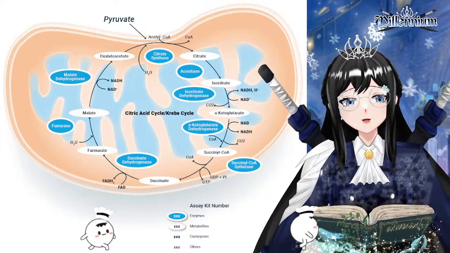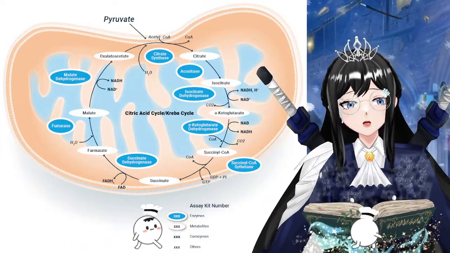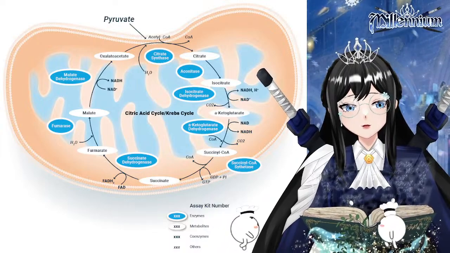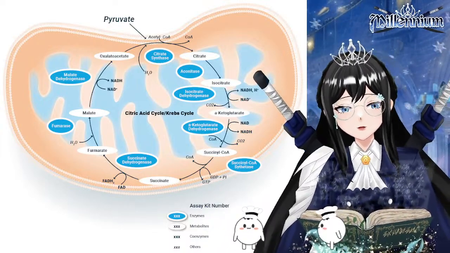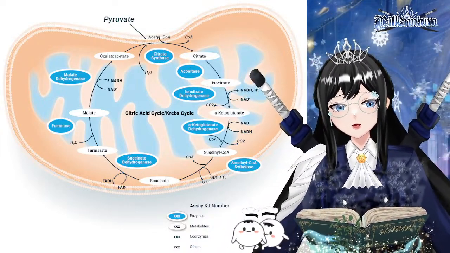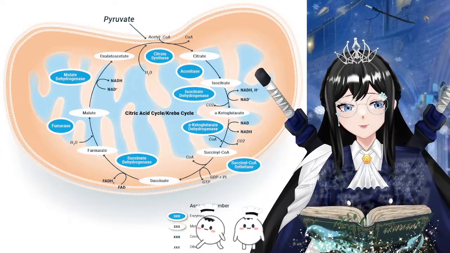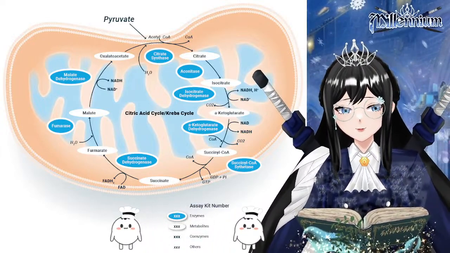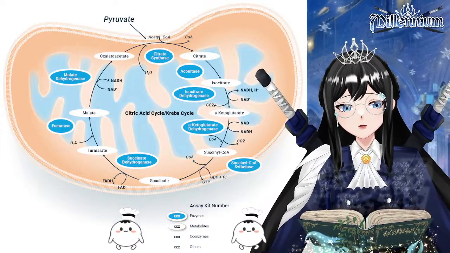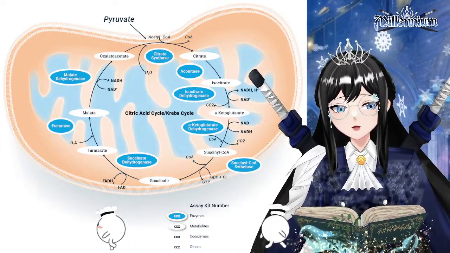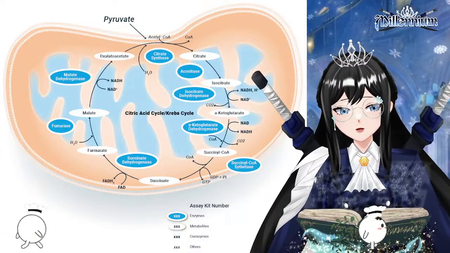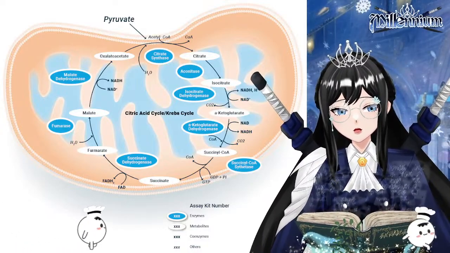NADH would pass the electrons to complex 1, while FADH2 would give it to complex 2, and that's why FADH2 would yield a little bit less ATP overall, because it skips complex 1. And they would flow until you end up in cytochrome 4, finally reducing oxygen to water.